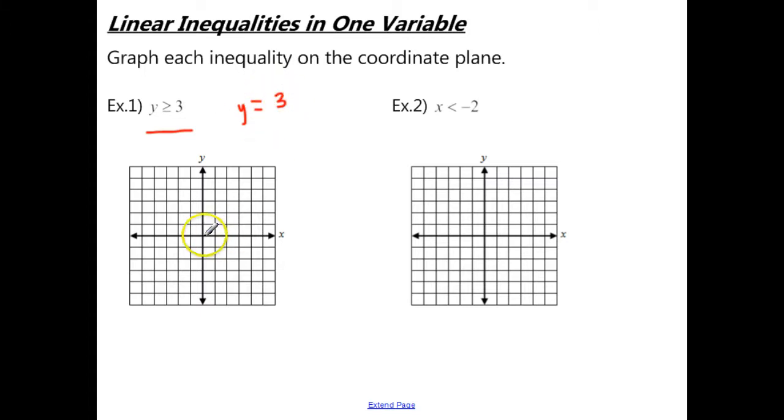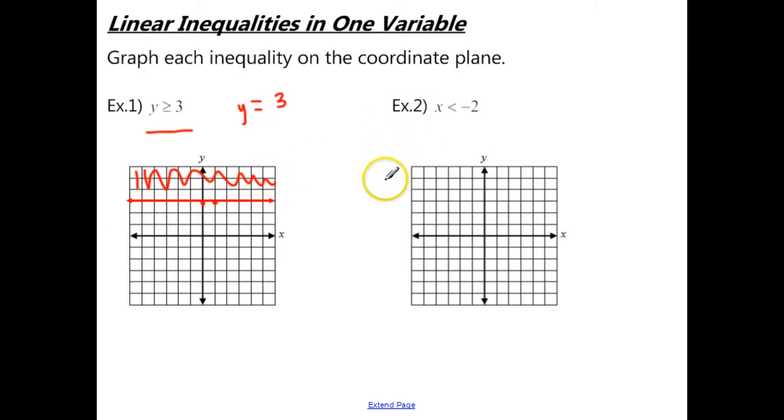You're going to go to y is positive 3, and then you want one other point that has a y coordinate of positive 3. Then you're going to create a line to connect them. So here's our line to represent y equals 3. Now the shading portion, it says y is bigger than 3, so we find that y-intercept and we shade everything greater. So that's going to be everything up here above that line.